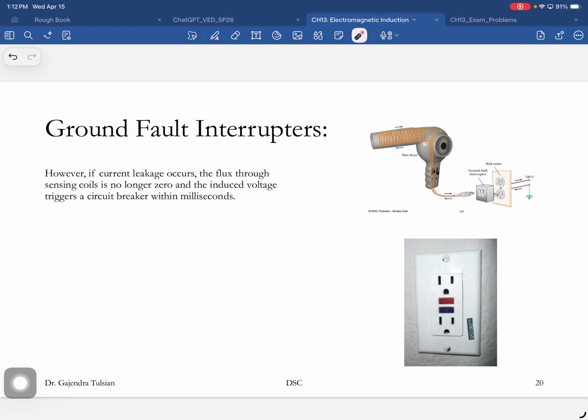And you don't like that. And if this thing is plugged to there, if this wire breaks and the current leaks, this device will instantly shut that device off. Okay? So here's how it works.